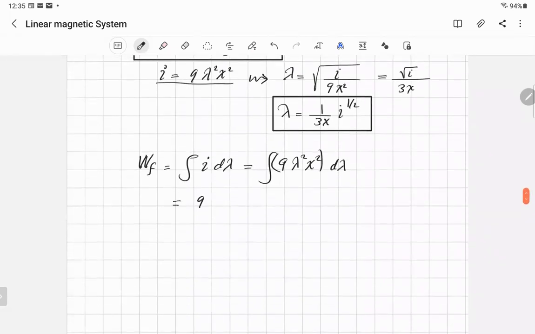I get 9 as a constant, and x squared is a constant with respect to d lambda. Then what's left is the integration of lambda squared d lambda. It's equal to 9x squared lambda cubed over 3.